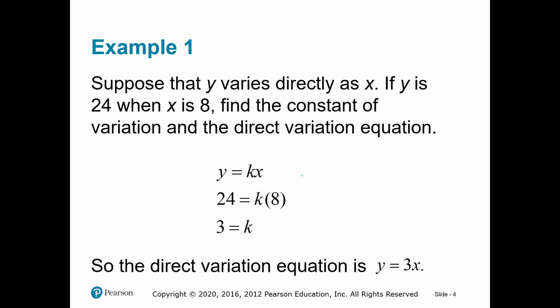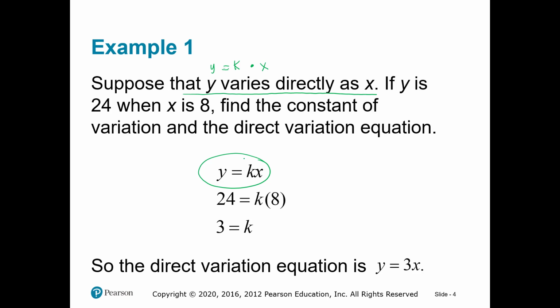All right, so let's take a look at this. It says, suppose that Y varies directly as X. So remember, we see Y, we write Y. We see varies, what do we write? Correct, equals K. We see directly, we write multiplication. We see X, we write X, which is how they have this equation, Y equals KX.